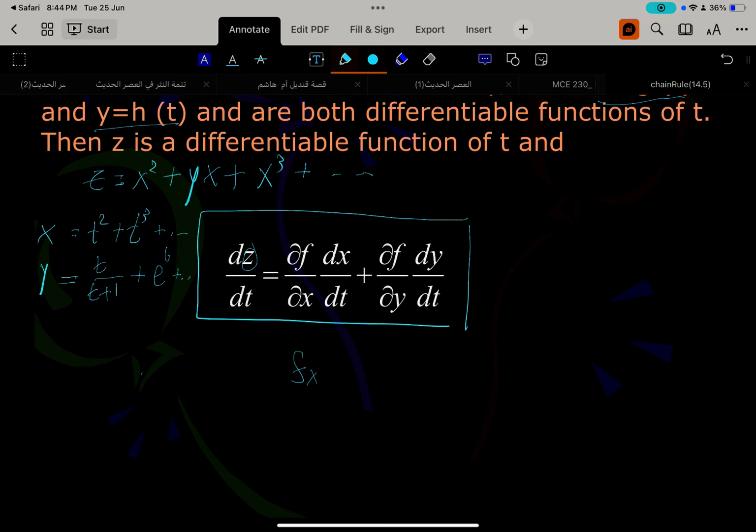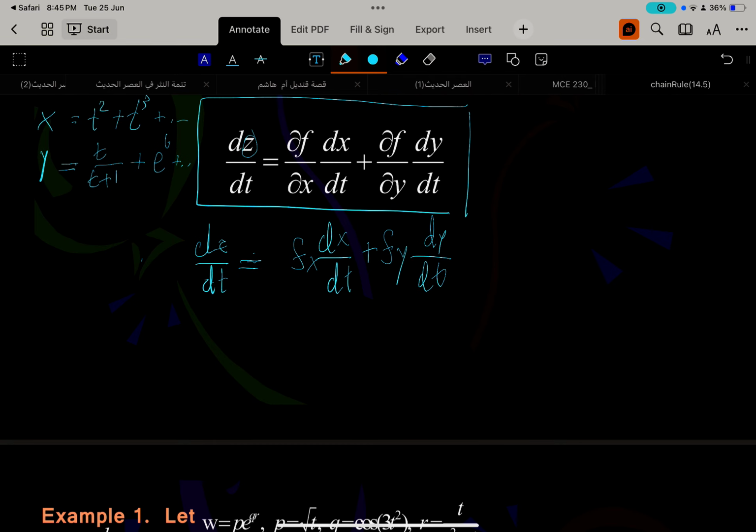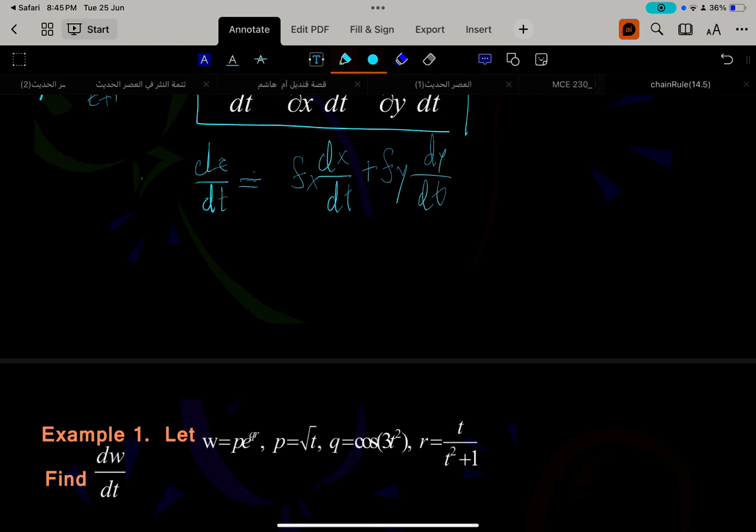Plus the partial derivative of f with respect to y, which is fy, multiplied by dy over dt. This is dz over dt, also a regular derivative since it's of one variable. And this is basically the chain rule. Very easy. Let's see some examples.